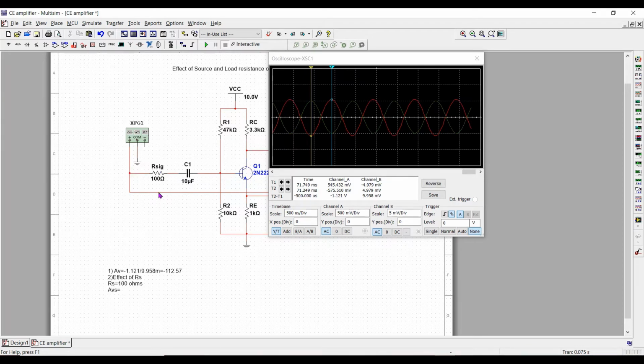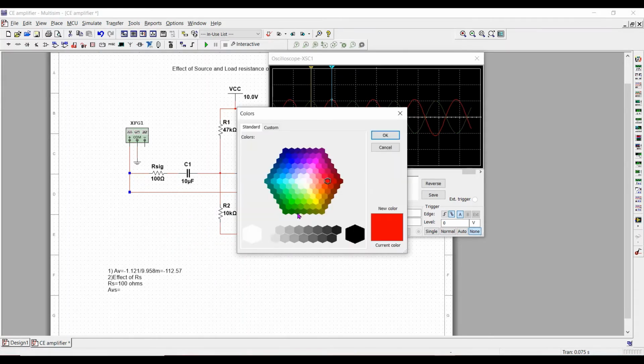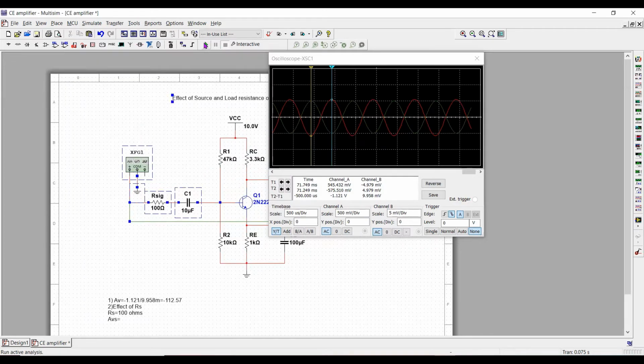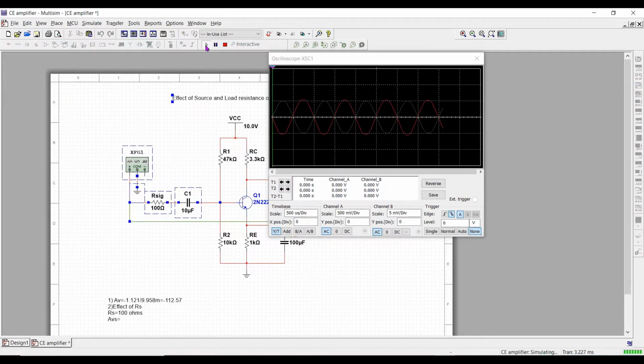Change the input which is coming from channel B to green color. This completes the circuit. Simulate it and observe the waveforms. Stop it and observe the waveforms. Observation, again it is in the similar manner.